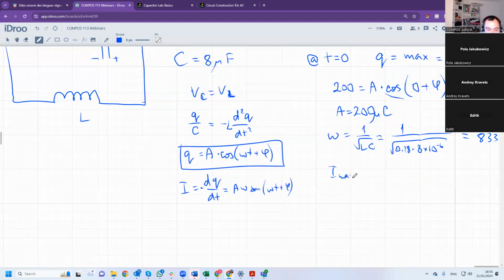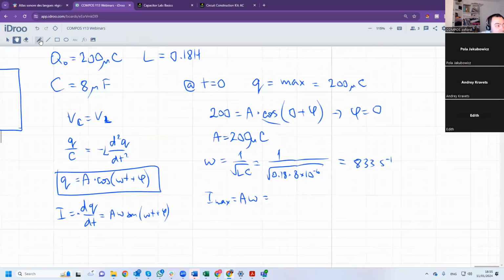And therefore I max, the maximum current, is when sine is 1, so it's A omega, which is 200 microcoulombs times omega, 833.